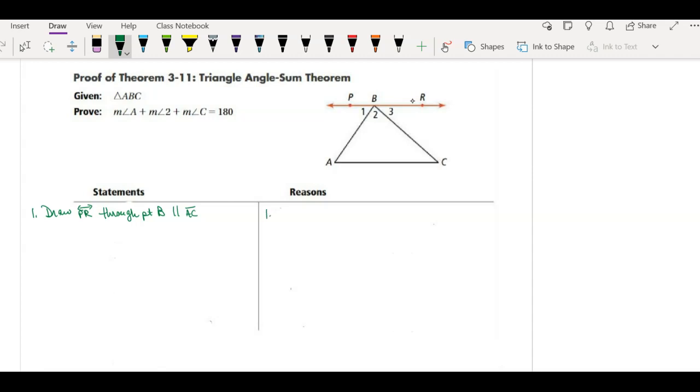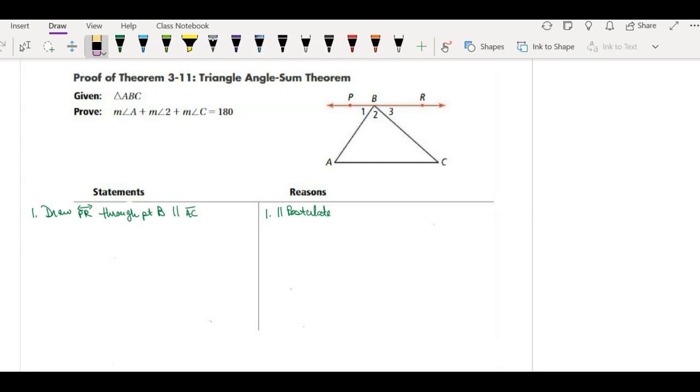And our reason over here is going to be the parallel postulate. I just used the symbol for parallel.